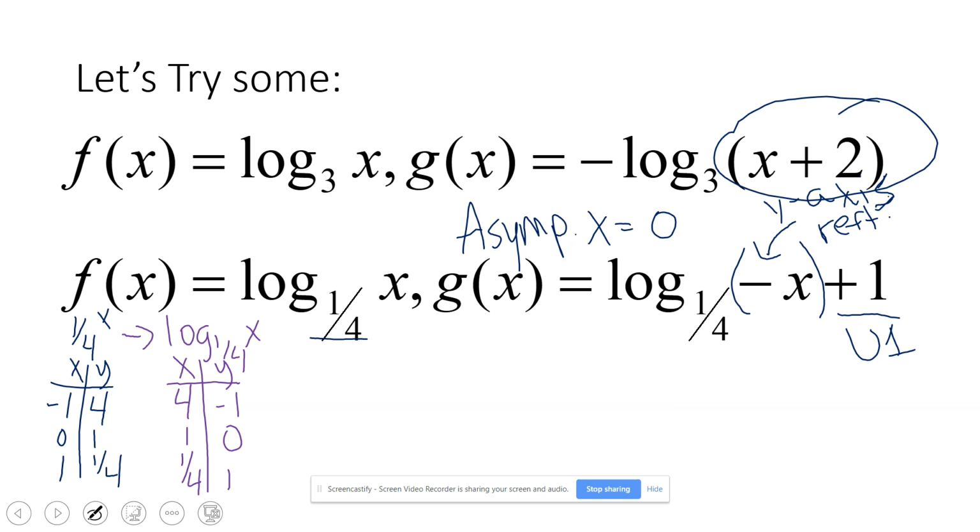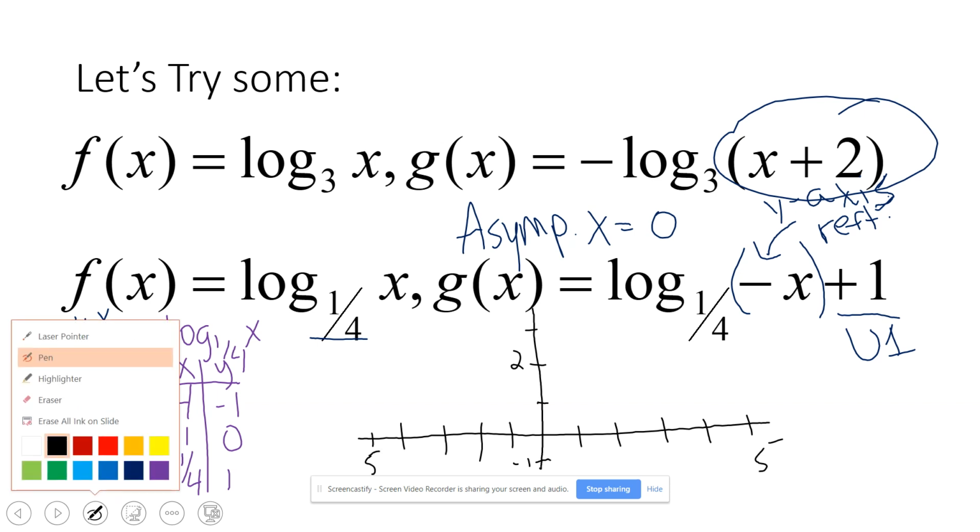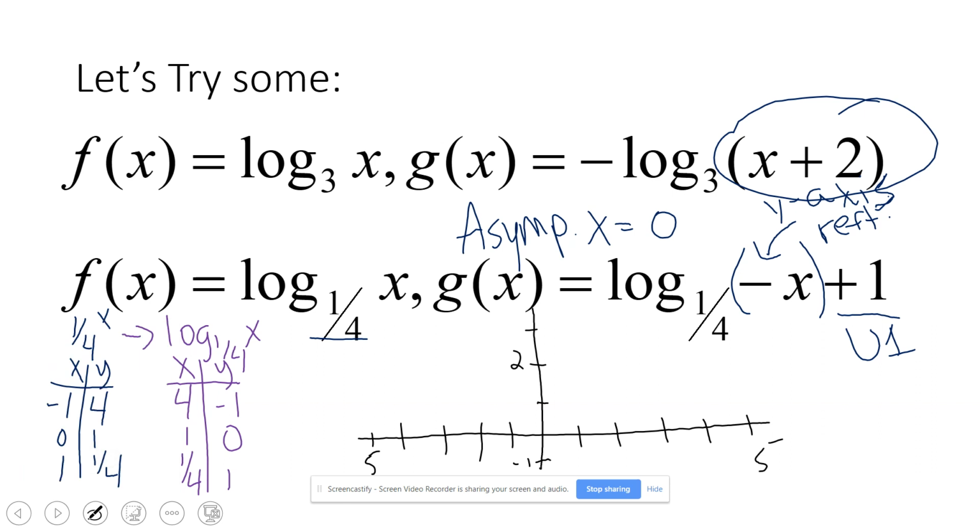So for our parent function, I'm going to use the red for the parent function. We have 4, negative 1, 1, 0, and 1/4, 1.